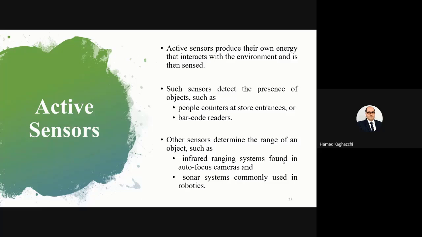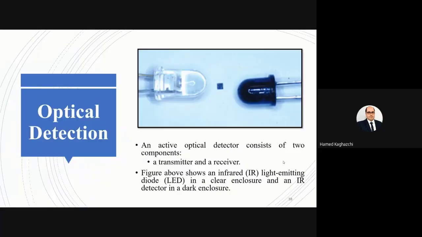Okay, generally, we will talk about the two types of active sensors. The first one is the sensors that determine the presence of an object. The second one is the sensors that determine the range of an object.